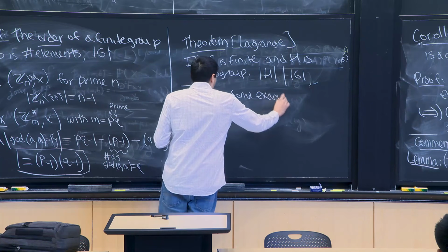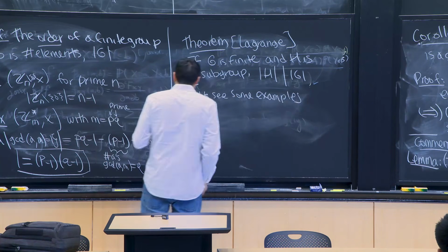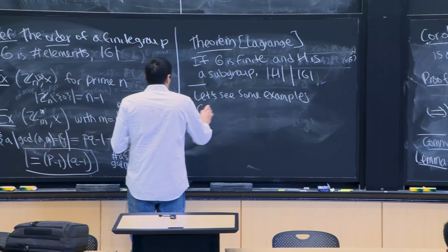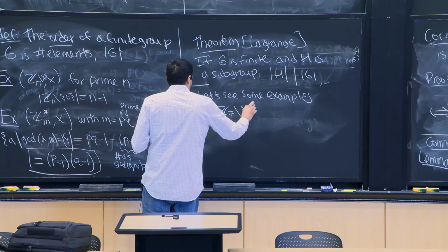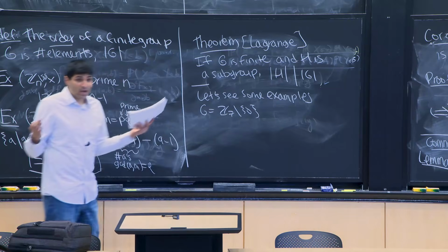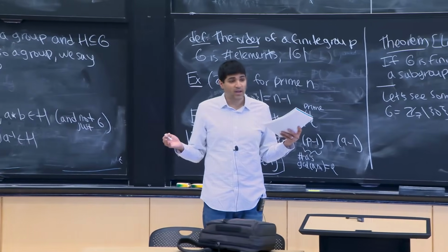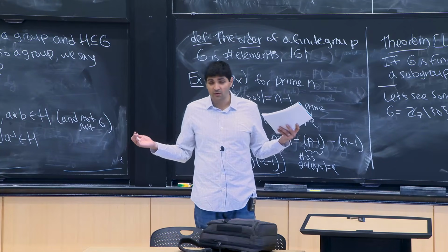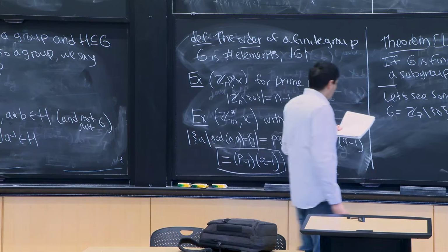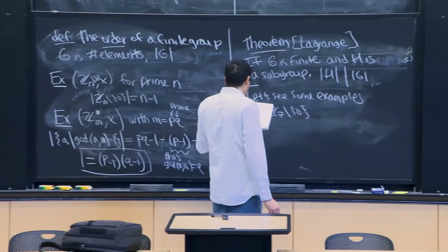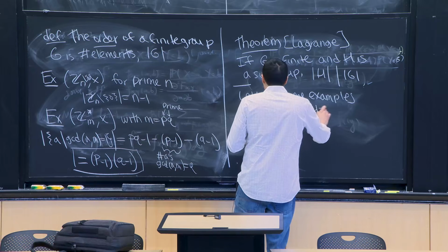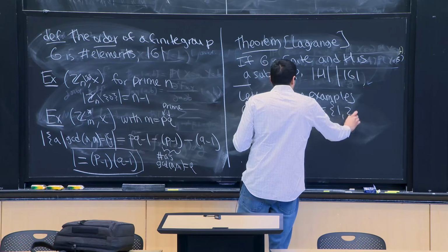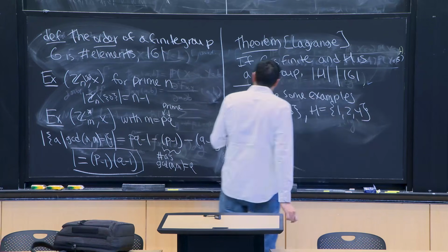Just to make this explicit, let G denote Z7 minus 0. 7 is prime, so this is a group. It has 6 elements. And now the subgroup H, we can take to be the elements 1, 2, 4.